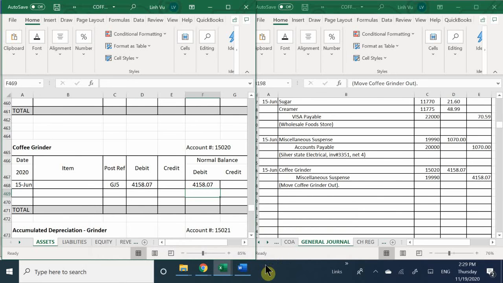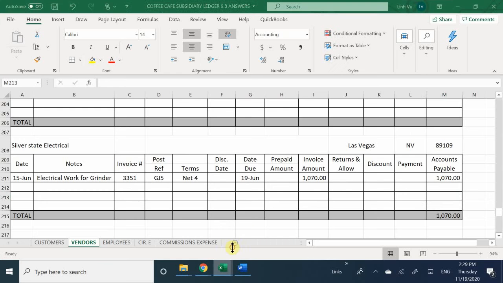And we go to the subsidiary. Where are you going to place it in the subsidiary ledger? We don't, because we already did that when we purchased it. This is moving from one account to another.